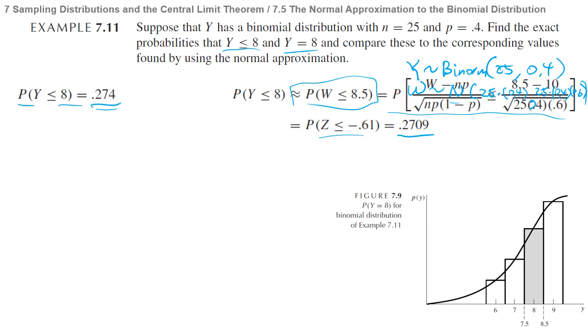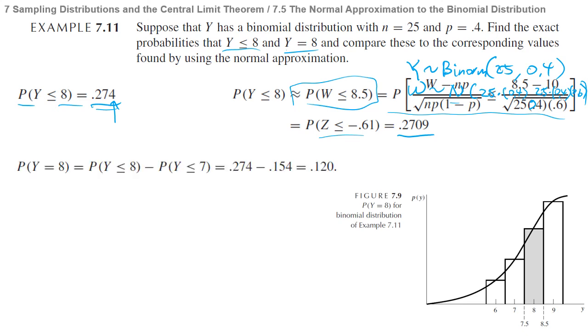The results are very similar, 0.27, and the difference comes from the third digit. Okay, and let's move on to calculating the probability of Y equals 8.